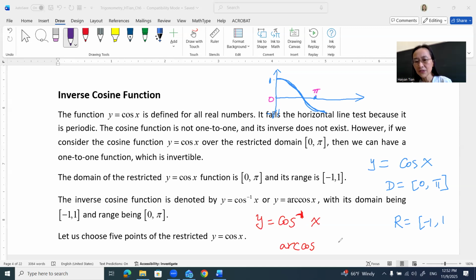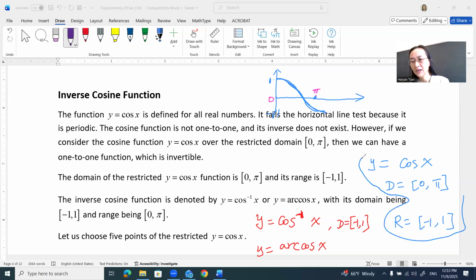For this inverse function, we still use x for the input variable, so we choose x. Its domain will be -1 to 1, the same as the range of the original function.